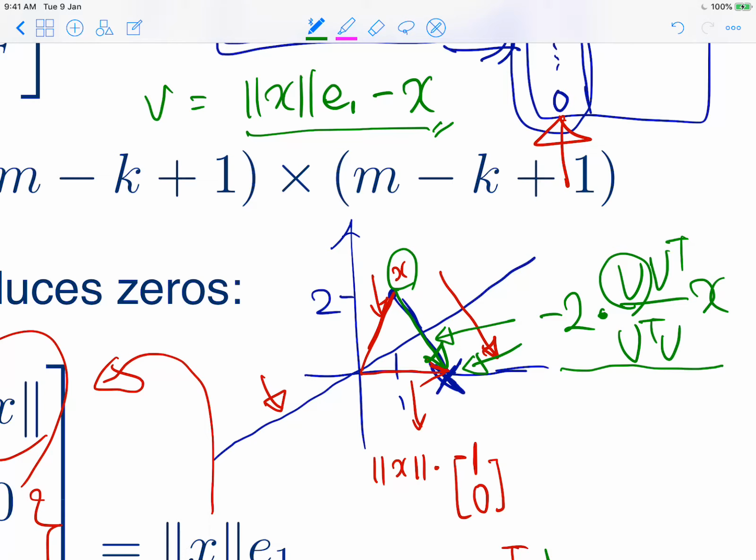If we take the difference between y and x, then this vector should have at least the same direction as this orthogonal vector, or the normal vector v of our hyperplane, right? So our vector v, by definition, was the normal vector of our hyperplane, and this vector v should have the same direction as this minus this, right?